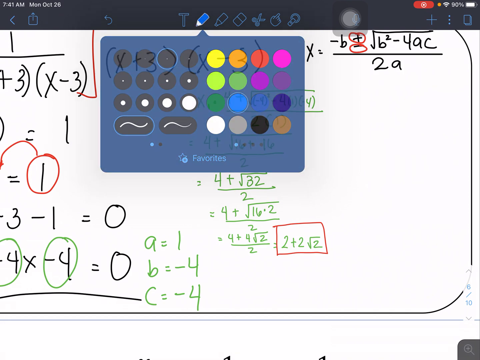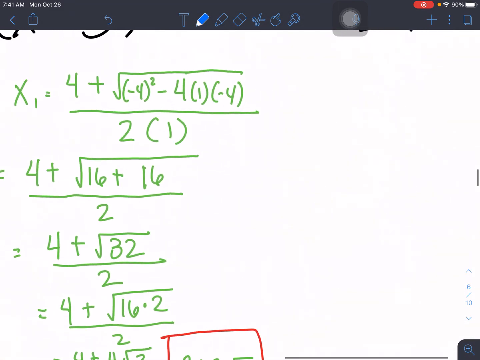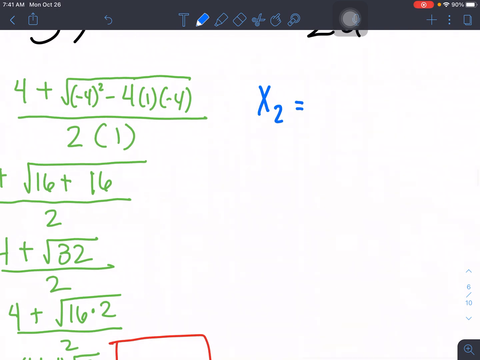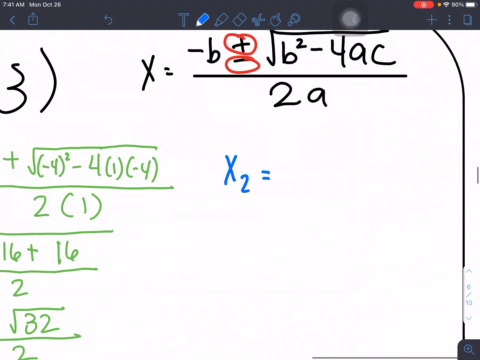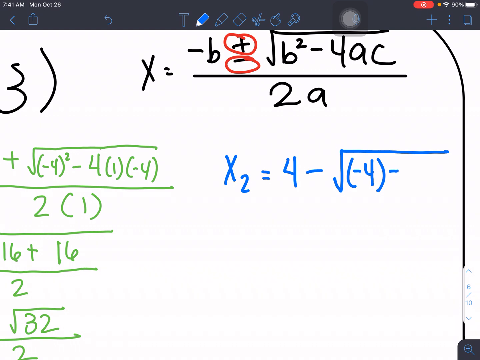I think I need to use other colors. I would like to write in blue. So x, the second root, is equal to negative 4, our b, so that will be negative of negative 4 is positive 4, minus the square root of b squared, negative 4 squared, minus 4ac, 4 times 1 and negative 4, all over 2a, which is 2 times 1.